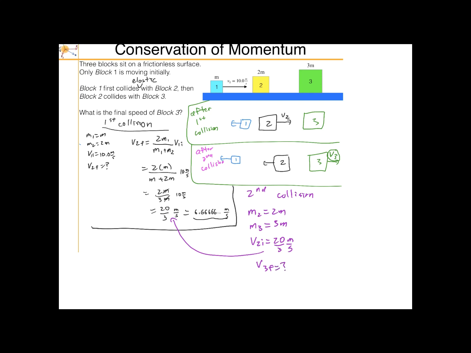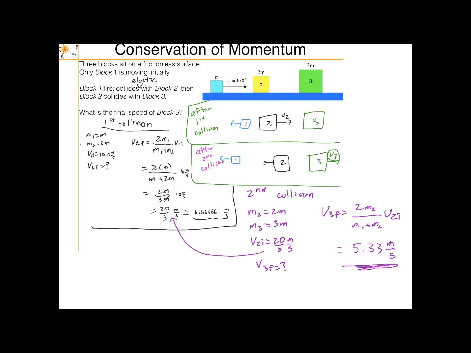Here we're going to use the same equation, but we want to replace the m1s with m2s and the 2s with 3s because of the numbering. You have to be careful with the numbering. So V3 final will be 2 times M2 over M2 plus M3 times V2 initial. We plug in all our numbers, and we get about 5.33 meters per second.